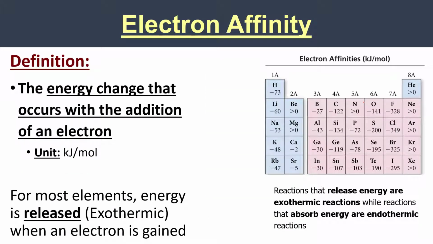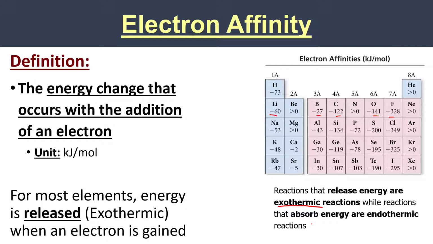For most elements, what we're going to see is that energy is released when electrons are gained. And you're going to notice we have many negative values for our electron affinities. The greater the negative value, the greater the electron affinity is. So remember, negative values imply exothermic reactions or releases of energy, whereas positive values for energy imply endothermic reactions.